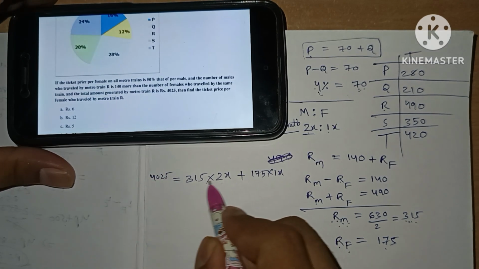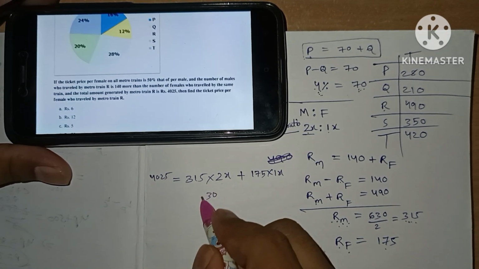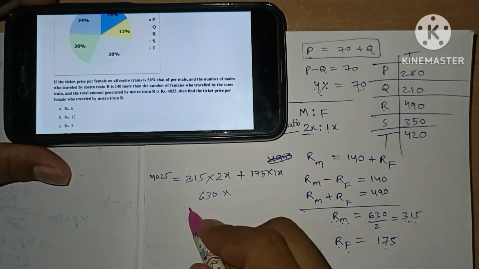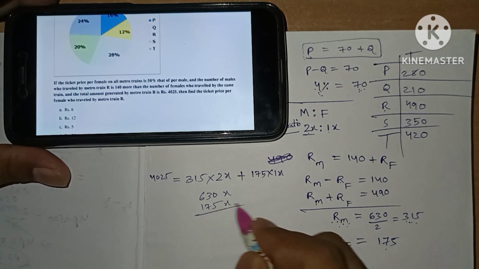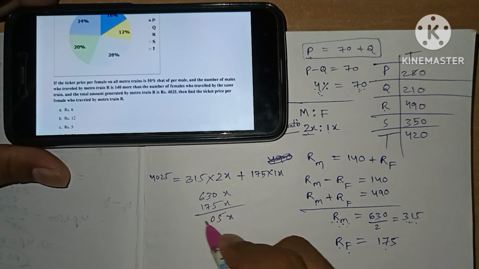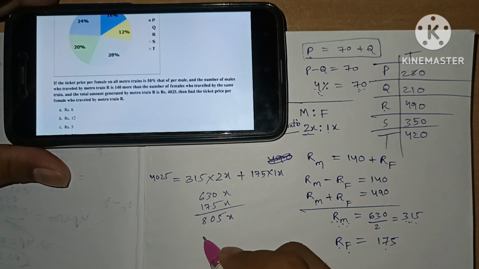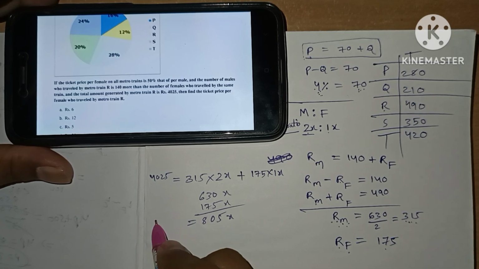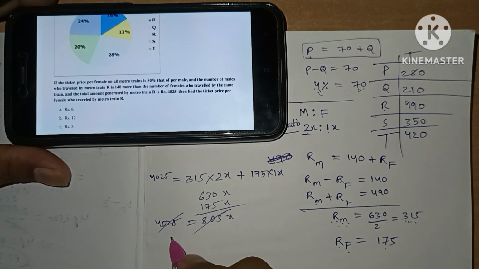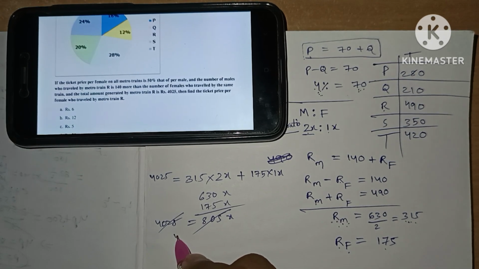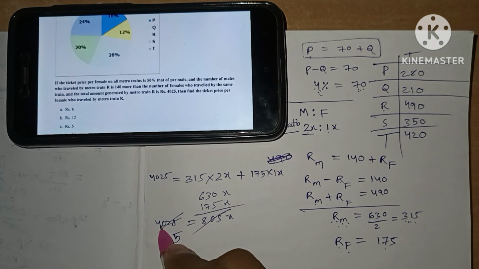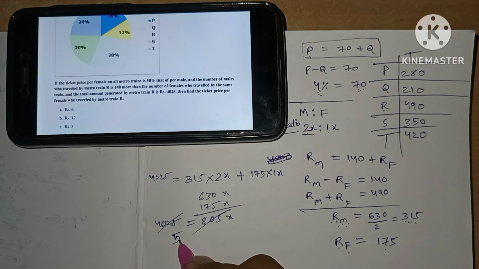So what we have is 630x plus 175x. So this sum, x into 805, equals 4025.